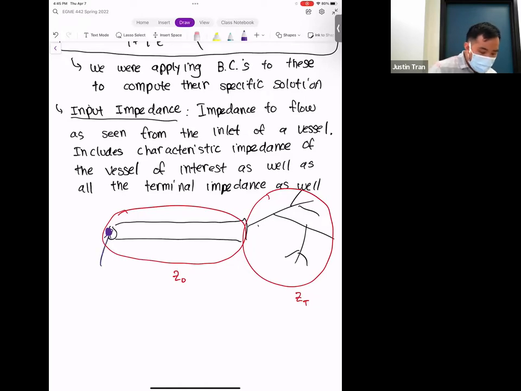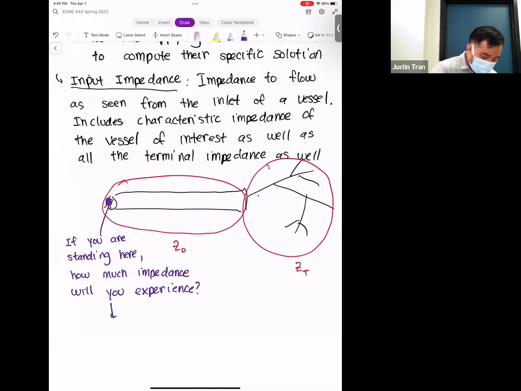What you're interested in is if you're standing here, and you're about to flow through all of these vessels here, how much impedance are you going to experience? And we call that input impedance, Z sub I.